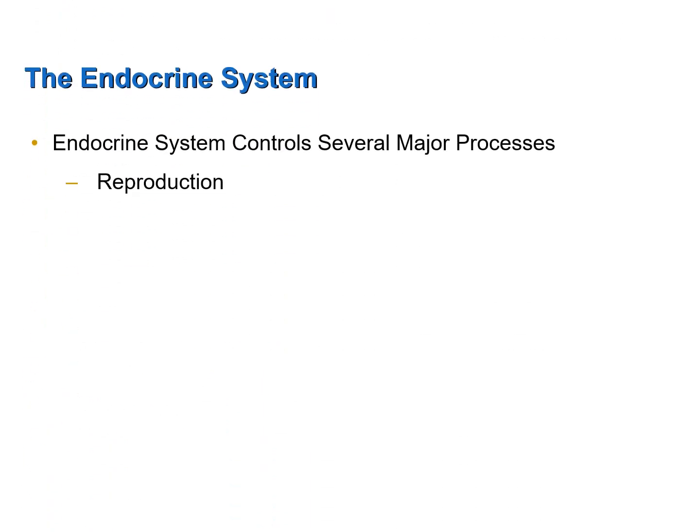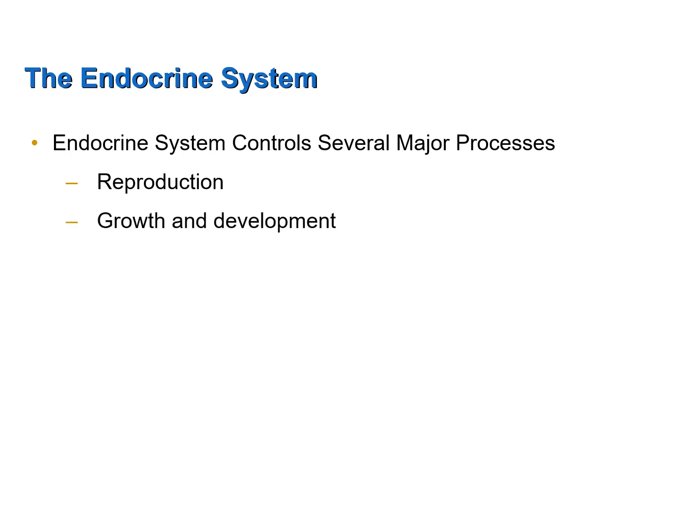There are several major processes occurring in the human body that are regulated and controlled by the endocrine system. This would include reproduction, the growth and development of the gonads, maintaining the function of those gonads, and the process of the growth and development of the unborn is principally controlled by the endocrine system.